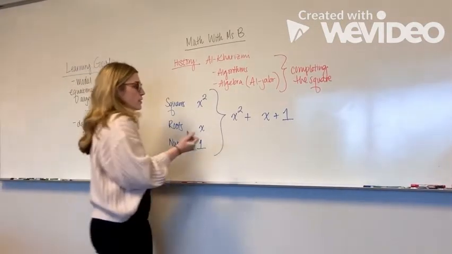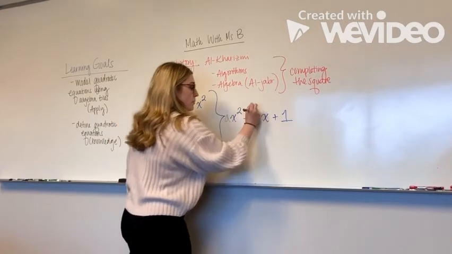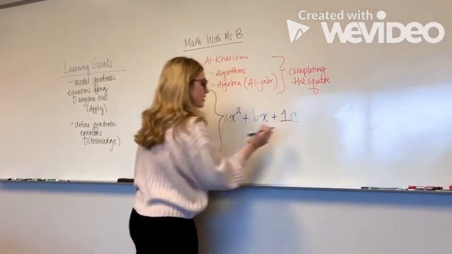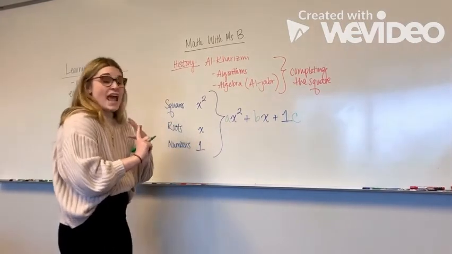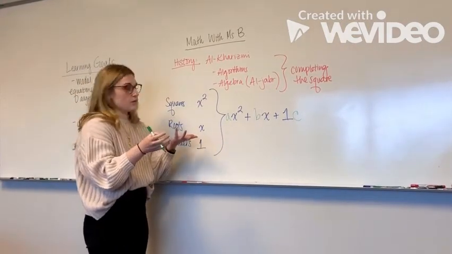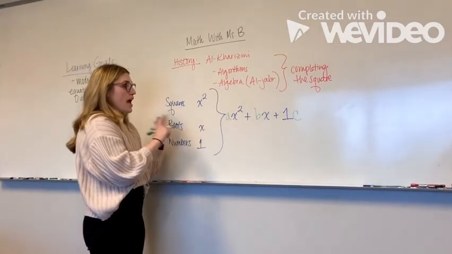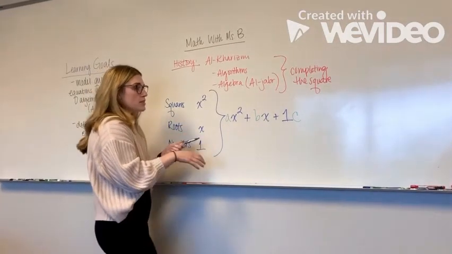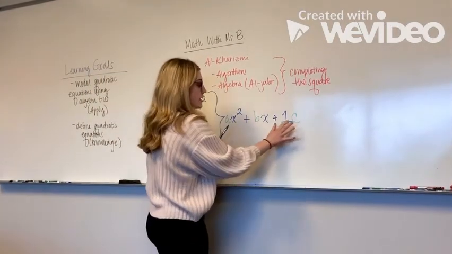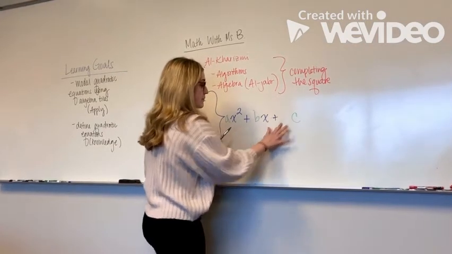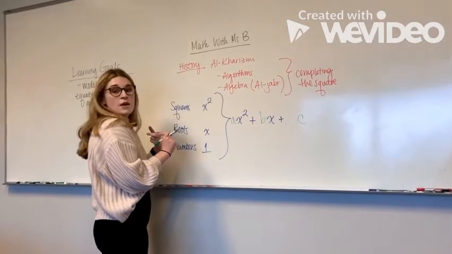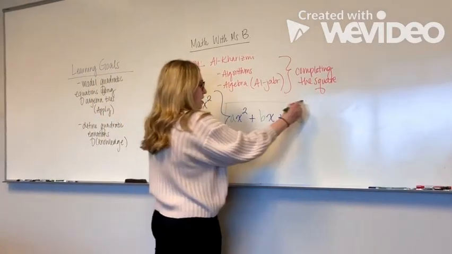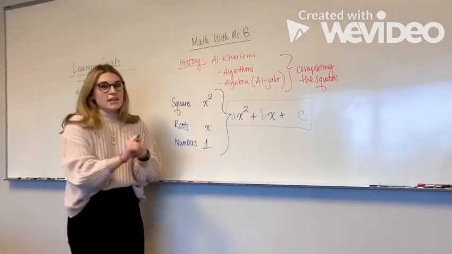So instead, what we are going to do is write a, b, and c next to each of these terms to generalize it, where a, b, and c are just any real number that we can think of. So it could be 2, it could be 3, any sort of number that we know. But we know with this last term, if we have 1 times c, it's the same thing as just saying c. So a times x squared plus bx plus c is going to be our general form for quadratic equations.